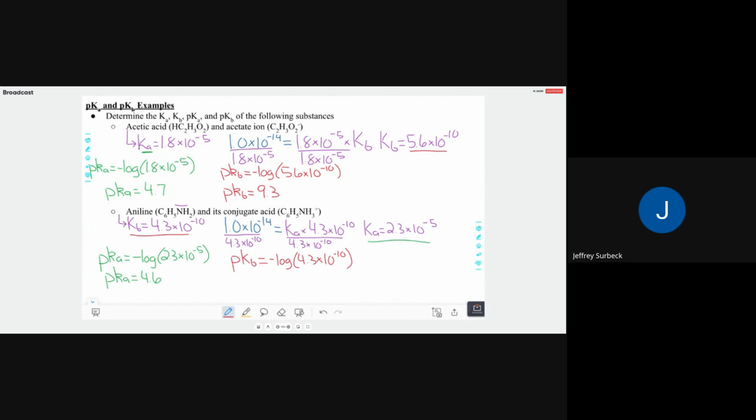Rounding here, I get a pKb of 9.4. Again, the point is that it gives you a much clearer snapshot of saying, yep, this is a relatively weak base, and yep, this is a relatively stronger weak base. It gives you that quick perspective is what I'm trying to say here. All right, questions?